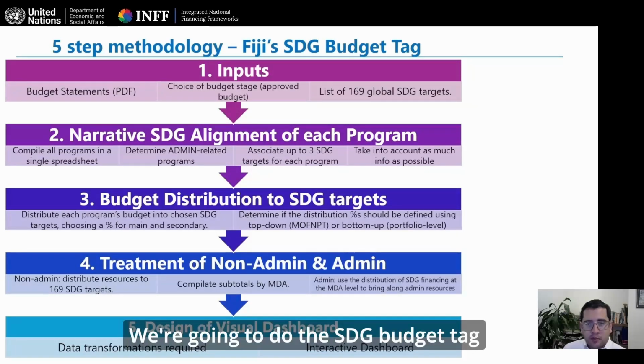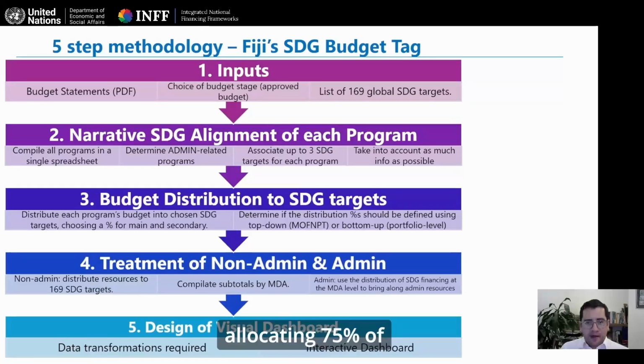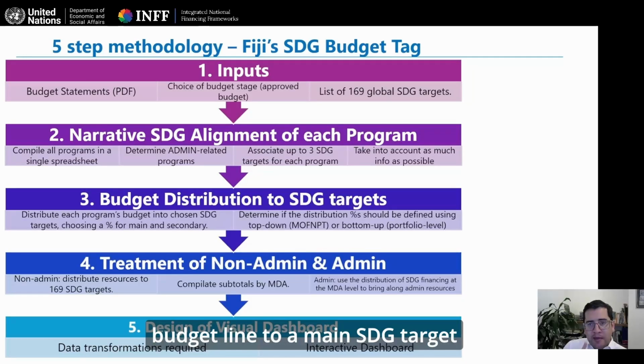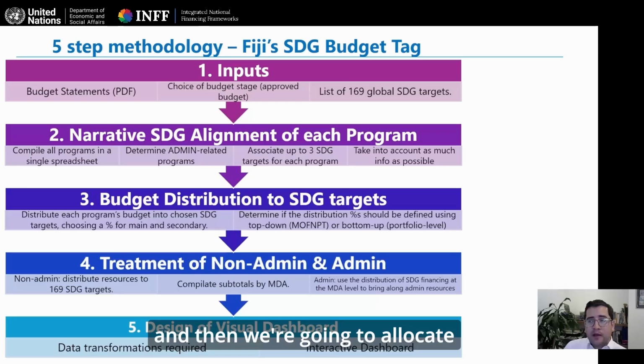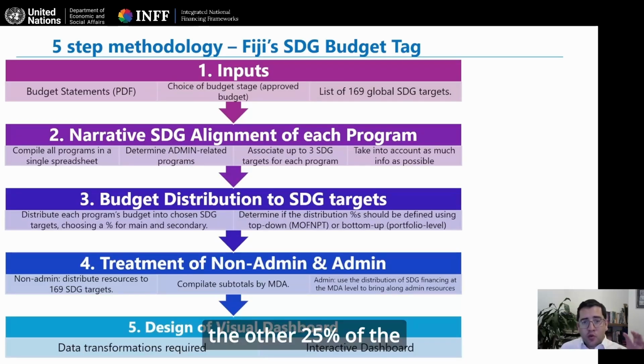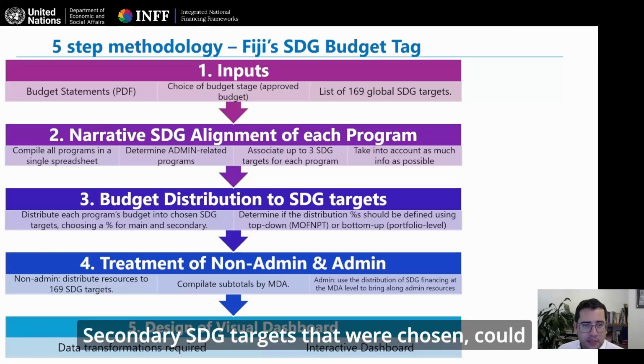We're going to do the SDG budget tag, allocating 75% of the resources for one budget line to a main SDG target, and then we're going to allocate the other 25% of the expense line to those secondary SDG targets that were chosen.